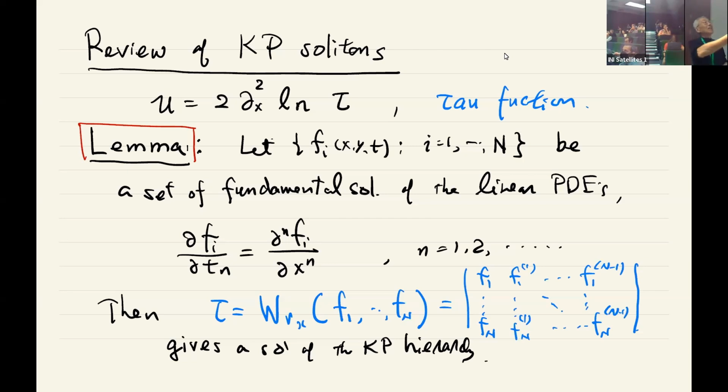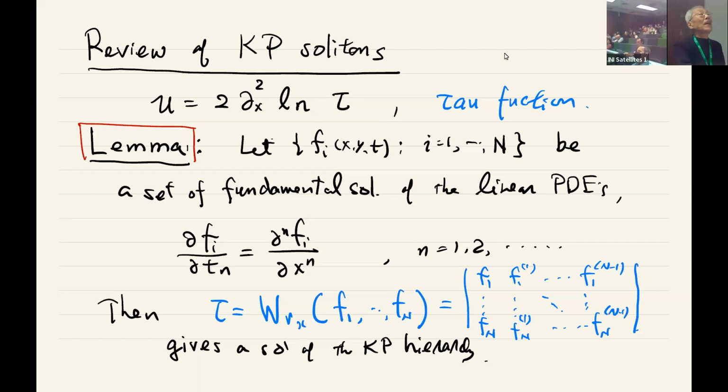Okay, so anyway, the KP soliton in science is very simple. You just write down U in terms of the tau function, and you prepare an arbitrary number n of f functions, where f satisfies a linear PDE. And just solve. You can do this by Fourier series or Fourier transform or something.